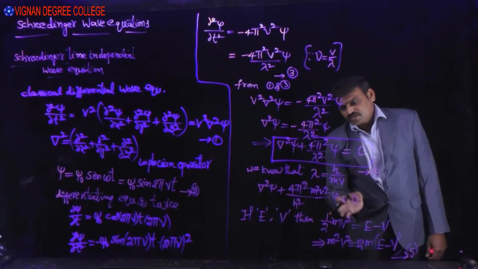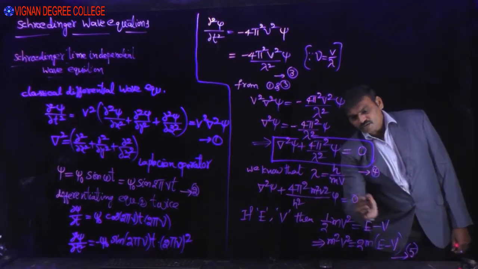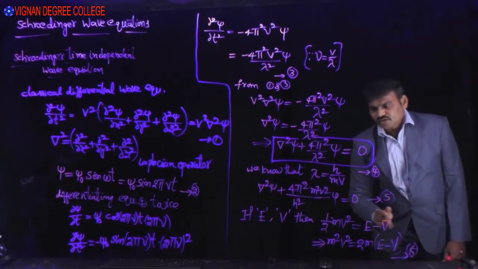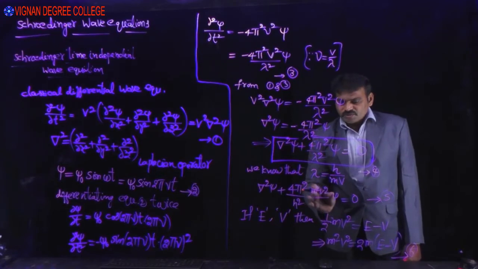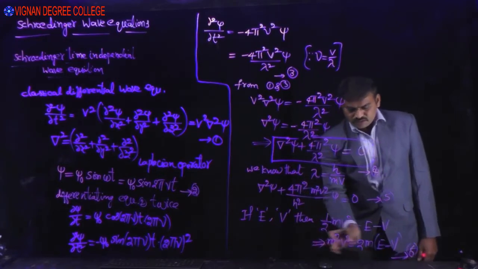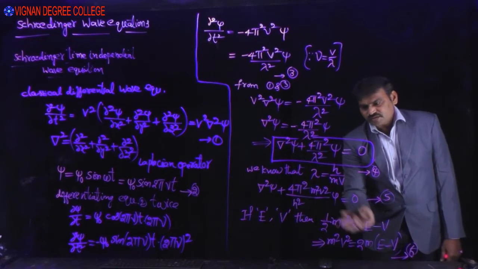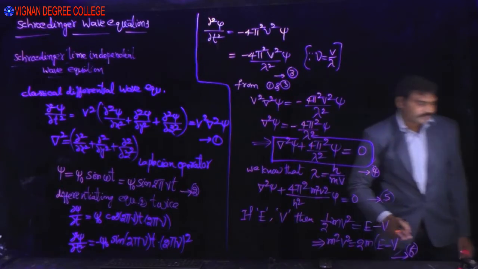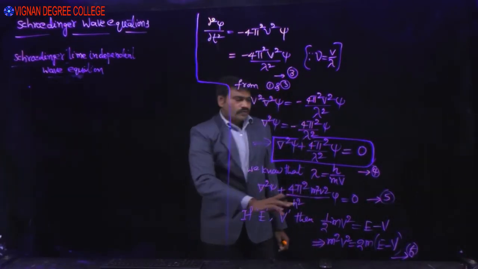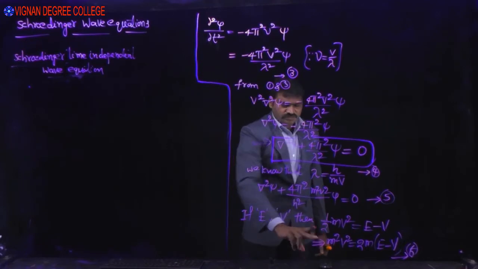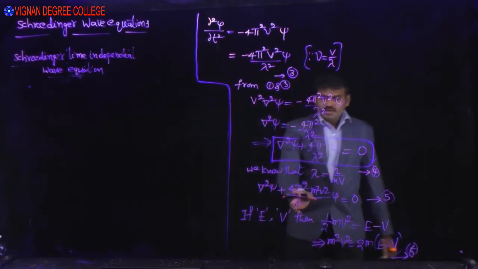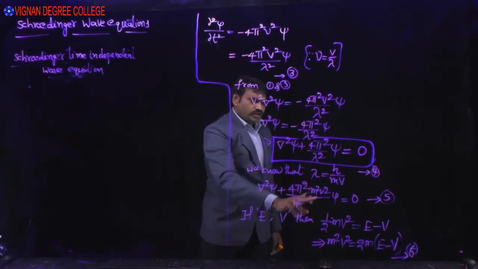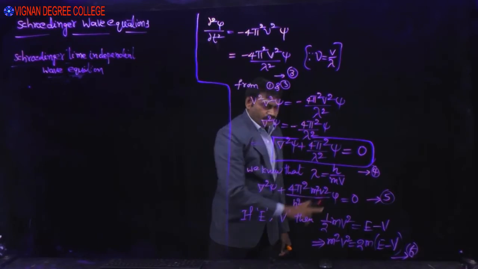Let the earlier equation be number 6. Here in equation 6, m square v square is equal to 2m of E minus V. In the place of m square v square, substitute 2m of E minus V. From equations 5 and 6, look at equation 5: del square psi plus 4 pi square m square v square by h square into psi is equal to 0.